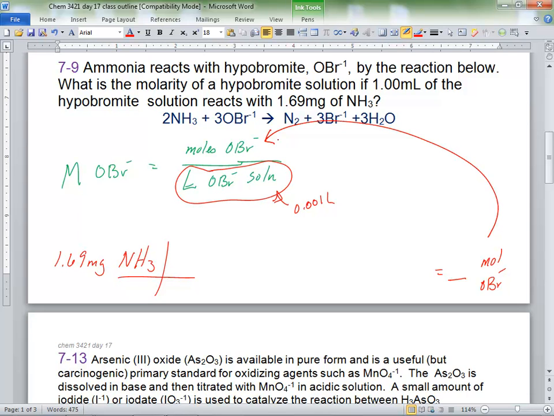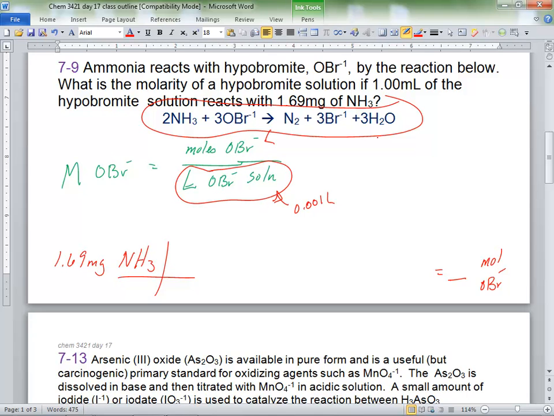And what everyone needs to get used to seeing is when you're given a reaction, if you're given the amount of anything in that reaction, you can convert it to anything else you want. Given amount could be grams of the stuff, or it could be so many mils of that molarity of the stuff.